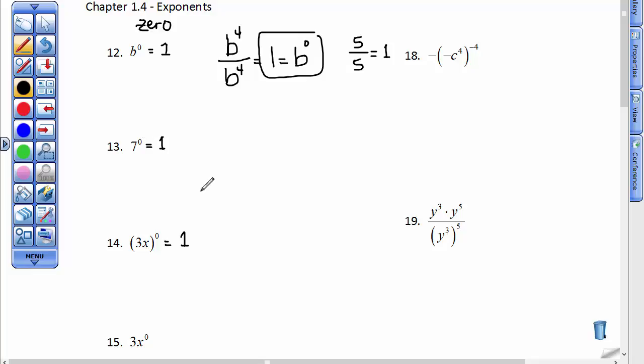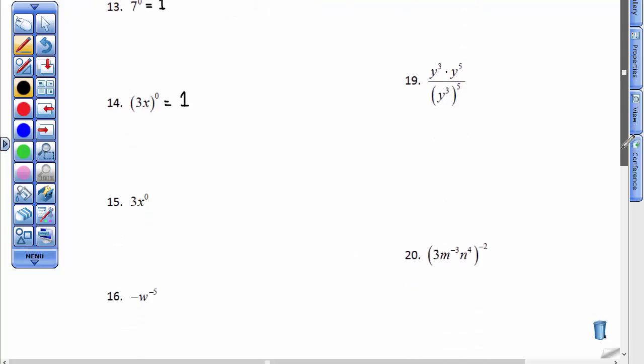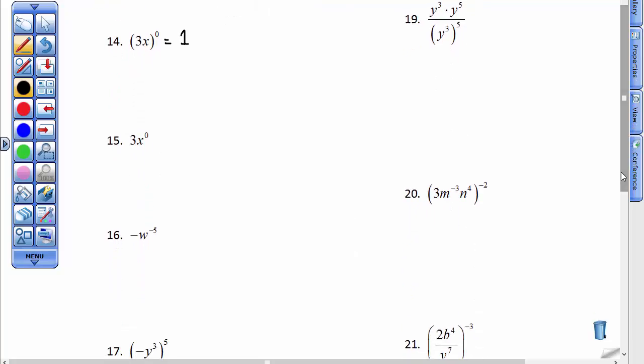So any base. Number 14, even though it's several factors inside the parentheses, it really means 3 to the 0 power times x to the 0 power, because remember, we take these exponents, 3 to the 1st, and we multiply those, and 1 times 0 is 0. X to the 1st, and 1 times 0 is 0. So what you have here is 1 times 1.